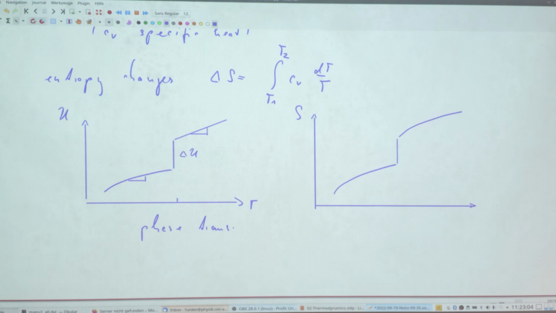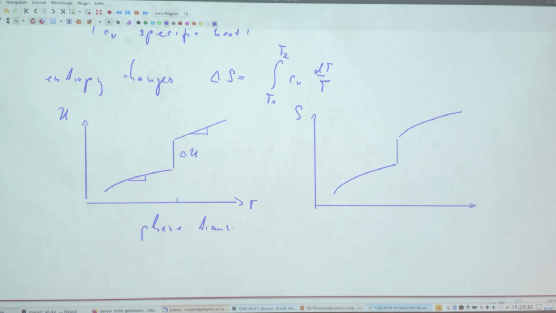I did a little calculation of how much this falling pen would raise the temperature and how much cooling it would require, but I think I skipped this. It's 3 millikelvin if I assume a 10-gram pen falling from 50 centimeters high and so on. So you can do all these calculations, and you can also calculate the change in entropy.